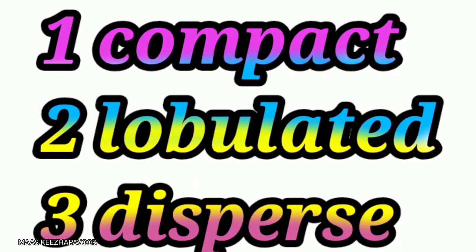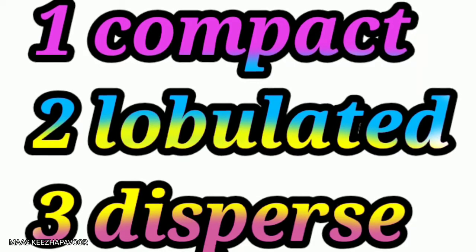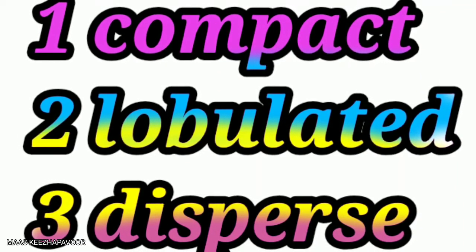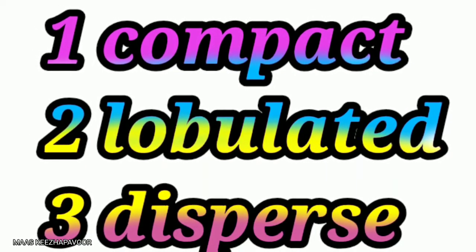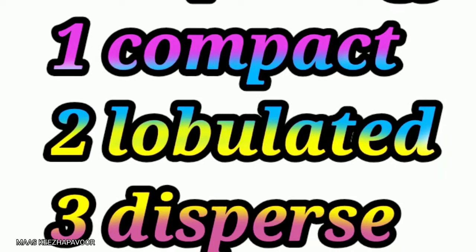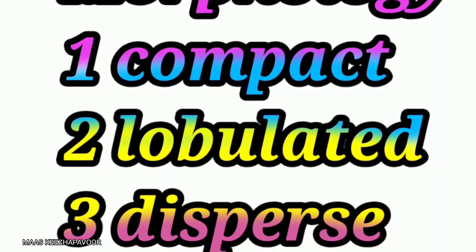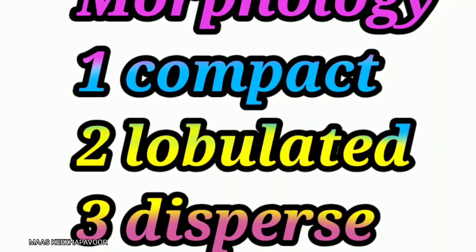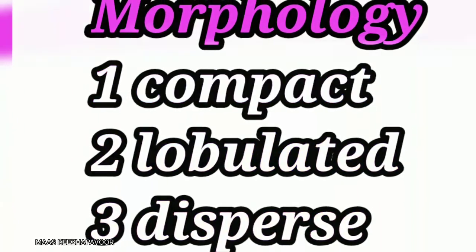The other two types are lobulated and dispersed type based on how the nerves enter and leave the ganglion. When the number of leaving branches increases, the ganglion appears less lobulated and more dispersed. In the same individual, two different morphological types of ganglions can be present.